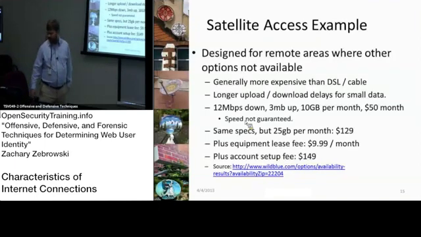These are a couple of other ways of connecting to the internet. You do have satellite communications available. They are very expensive, but they work. So that's one option. And the other thing there too is that the way that they request traffic is sort of unique too.